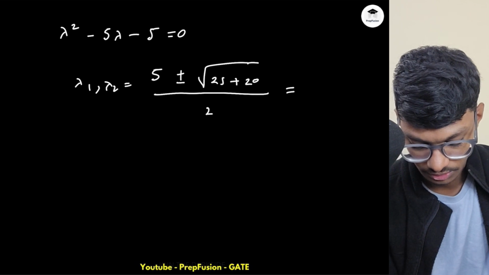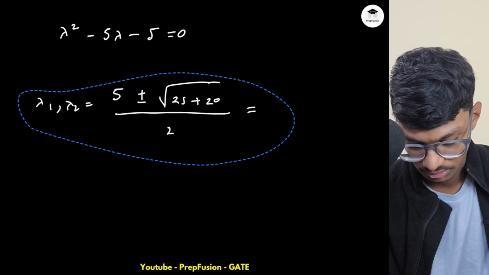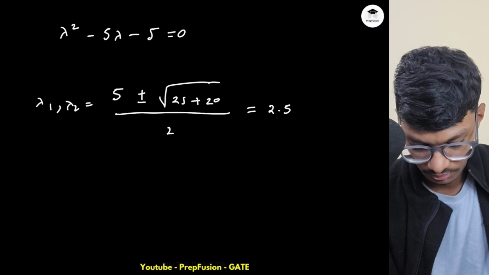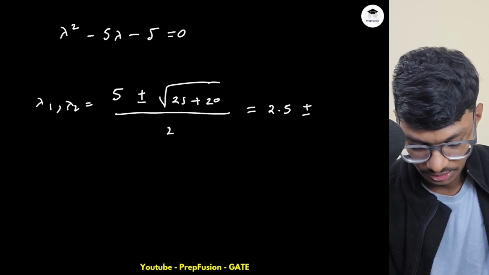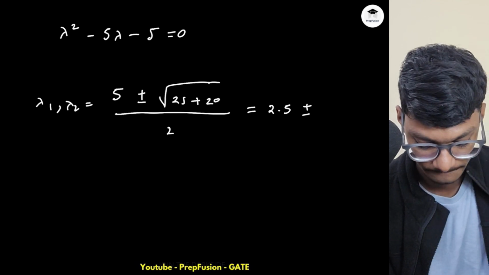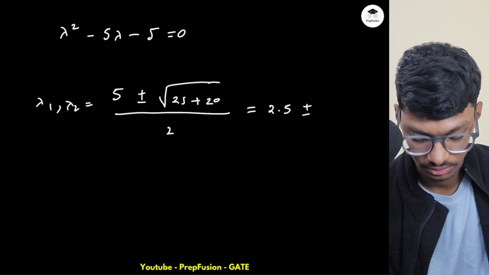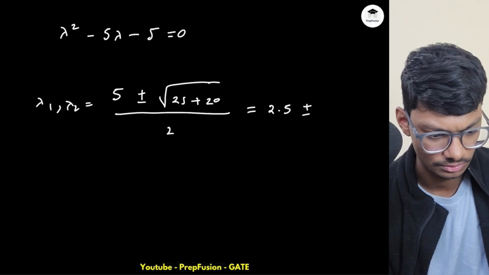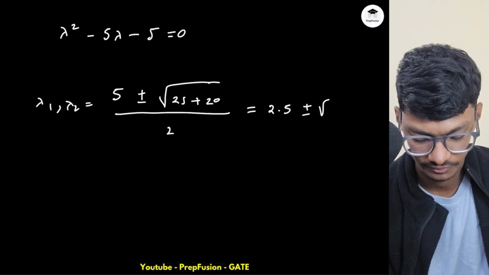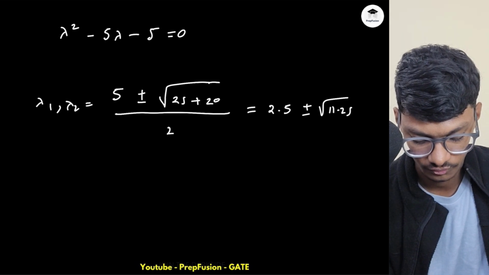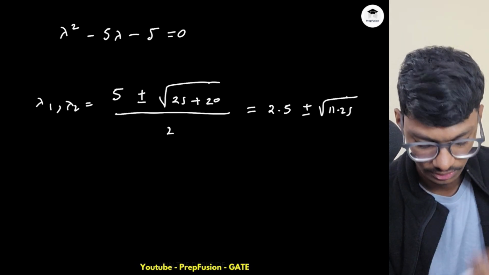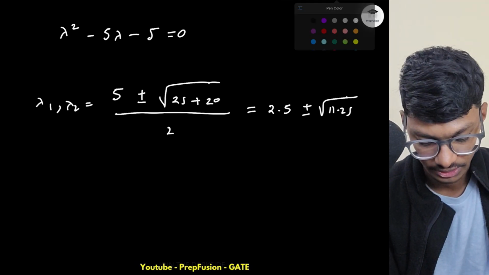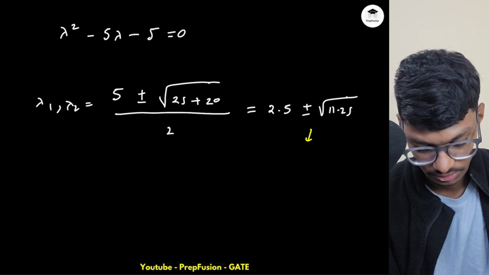So this is equal to 2.5 plus or minus the square root of 45 divided by 4. So if I multiply this by 4, I get this, right? So these are distinct eigenvalues.